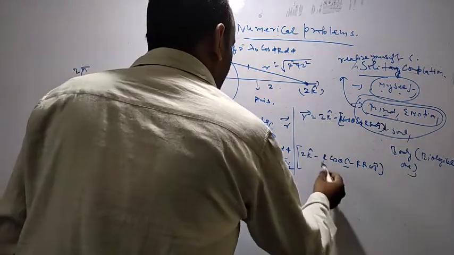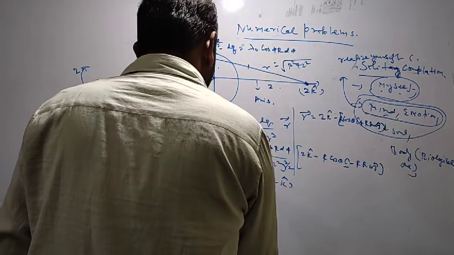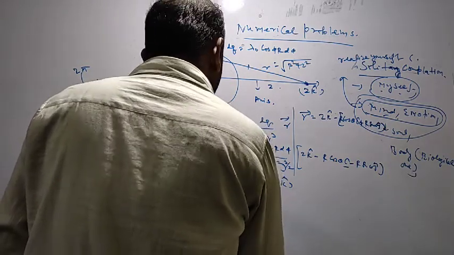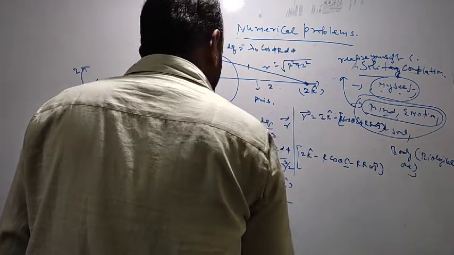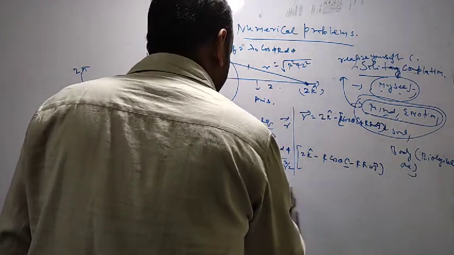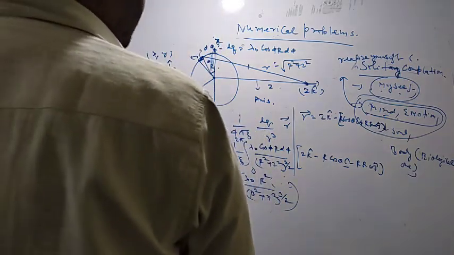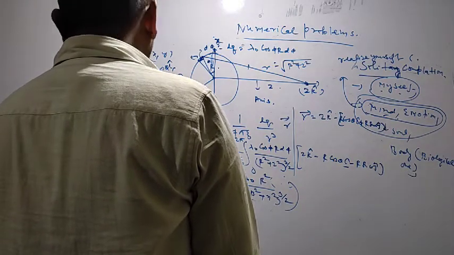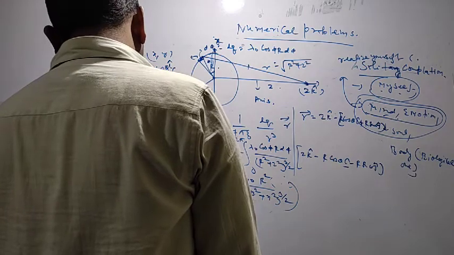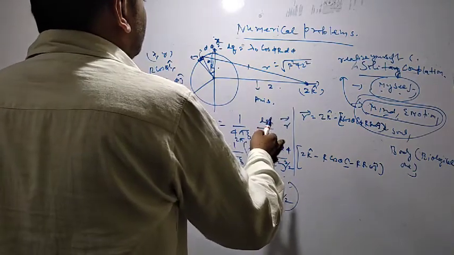And cos square over 0 to 2 pi is just pi, and r square plus z square to the power 3 by 2. This is the value. After calculation, we will solve this. I have written some wrong coordinate system.